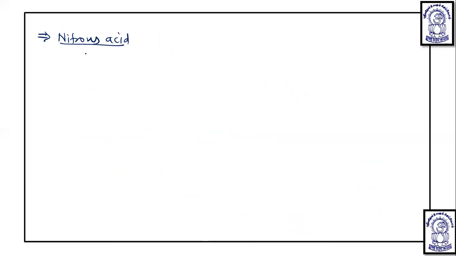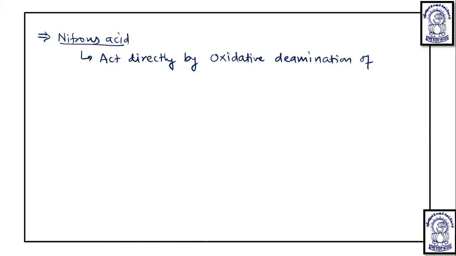When we talk about nitrous acid, just as we have discussed, it is mutagenic to both replicating and non-replicating DNA, and it acts directly by oxidative deamination of adenine, guanine and cytosine bases, which contain an amino group.